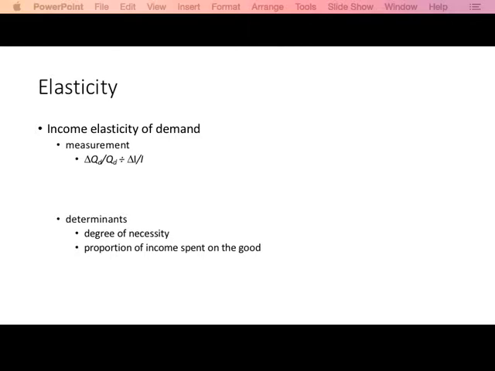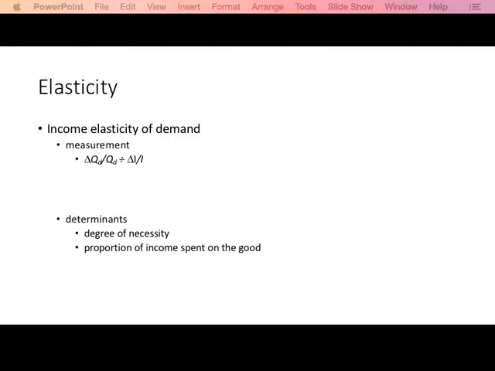What determines the income elasticity of demand? One is the degree of necessity. With necessity goods, we keep buying them even if our income goes down or up. Another determinant is the proportion of income spent on the good. If the product's price is high and we're spending a huge amount on it, we give it a second thought before purchasing it, given that our income is declining.